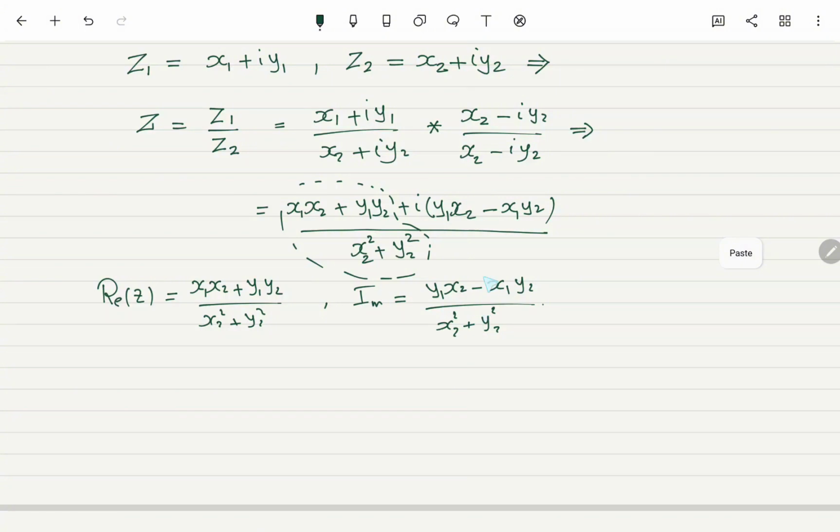We follow this procedure when the result of the division has to be in the rectangular form.